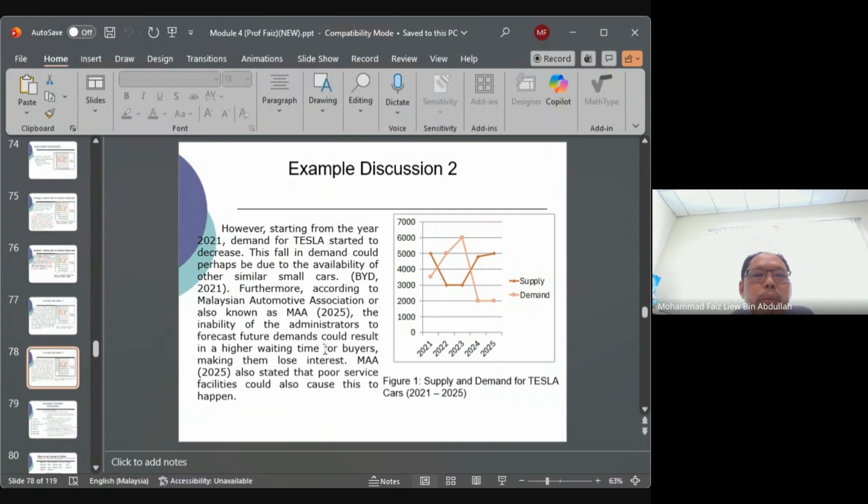So this is a statement made by the MAA, telling what happened to the forecast and demand of cars in Malaysia. So these are all what we call supportive statements. You can put them in the discussion to make your discussion more sensible, or to let the external examiner feel that what you have written is correct, because it's supported by all these statements, okay.